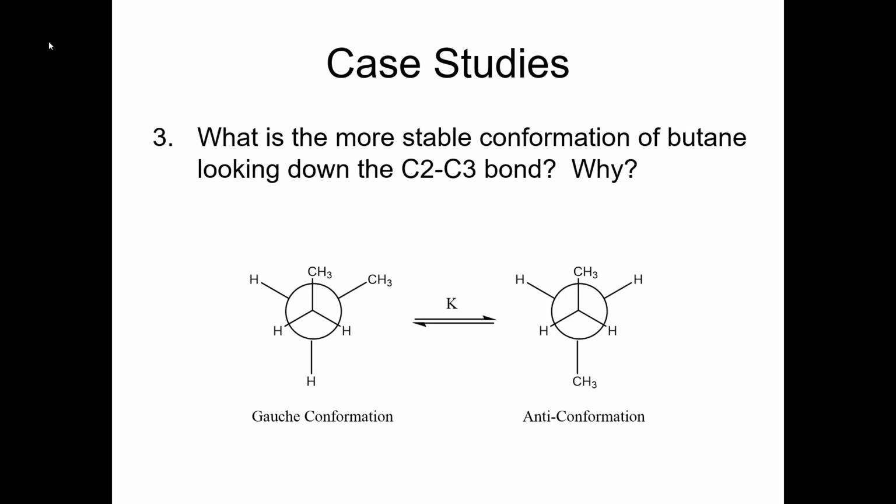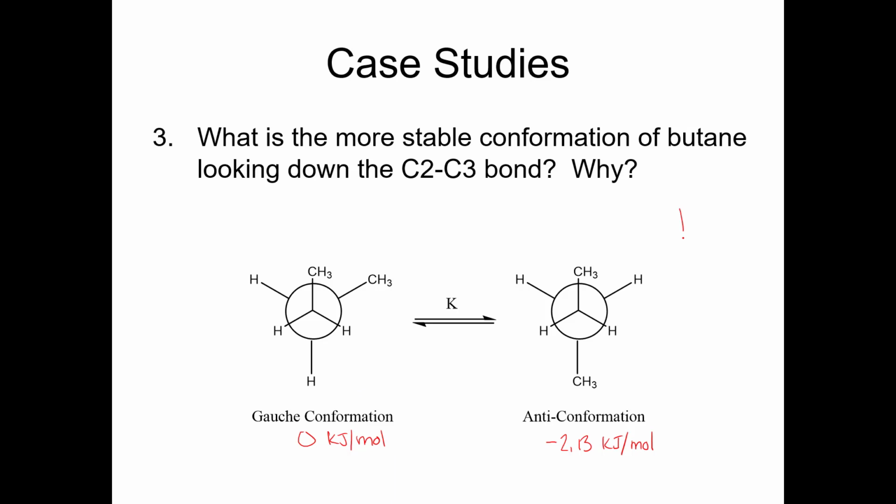Let's put our energies in here. The anti-conformation we said was minus 2.13 kilojoules per mole, and the gauche conformation was 0 kilojoules per mole. Well, something has to be 0 because I asked for the relative energy.